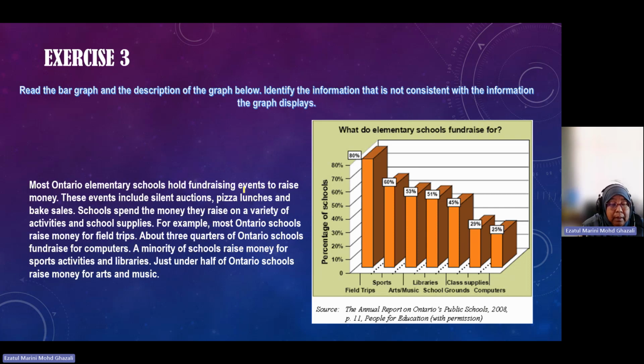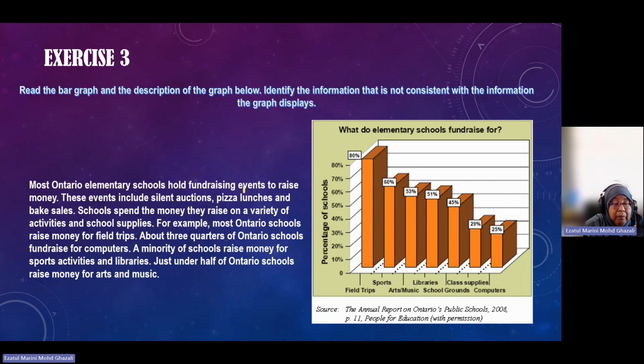Right. Let's have a look at the explanation and see which one is mismatched or not consistent. Most Ontario elementary schools hold fundraising events to raise money. These events include silent auction, pizza lunches, and bake sales.